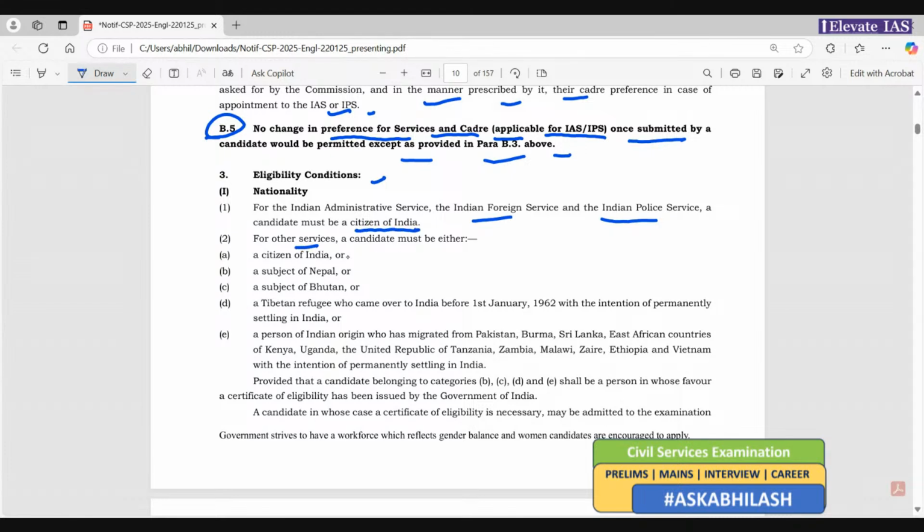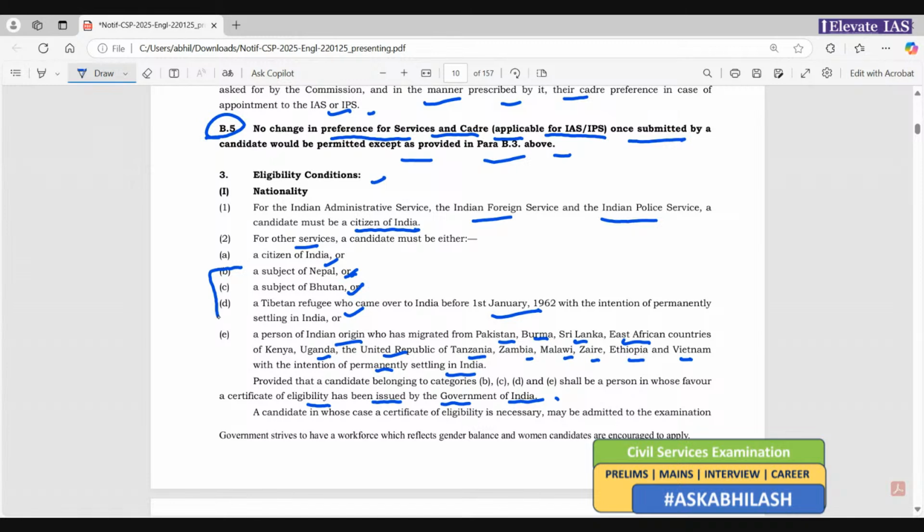For other services, a citizen of India or subject of Nepal or subject of Bhutan, a Tibetan refugee before 1st January 1962, or a person of Indian origin who has migrated from Pakistan, Burma, Sri Lanka, East African countries, Kenya, Uganda, United Republic of Tanzania, Zambia, Malawi, Zaire, Ethiopia, Vietnam, with the intention of permanently settling in India, provided that the candidate belonging to the category B, C, D, E shall be a person in whose favor a certificate of eligibility has been issued by Government of India.